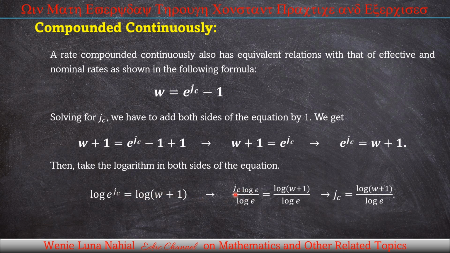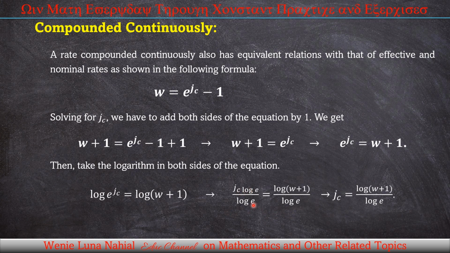And in here, we got j sub c times the logarithm of e, because of the law of logarithms: the logarithm of a power is simply equal to the power times the logarithm of the base of the exponential number.